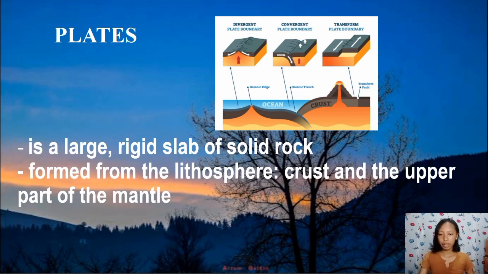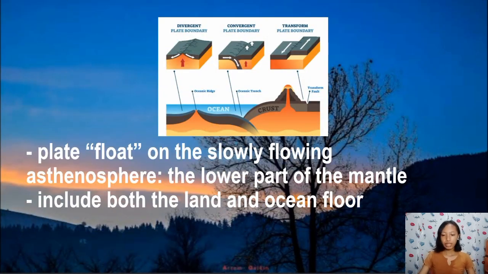What is a plate? A plate is a large, rigid slab of solid rock formed from the lithosphere, the crust and upper part of the mantle. Plates float on the slowly flowing asthenosphere, the lower part of the mantle, and they include both the land and ocean floor.